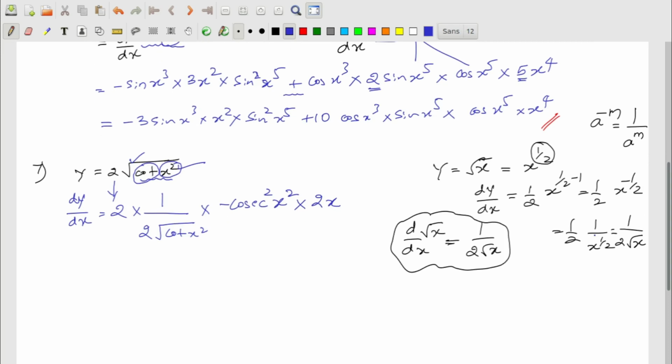Fine. So now we can simplify this one. So here this 2 will be cancelled and we don't have any other constant here. So let me take minus 2 times x whole divided by root of cot x square into cosecant square x square.